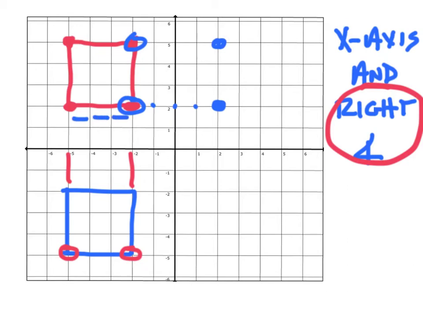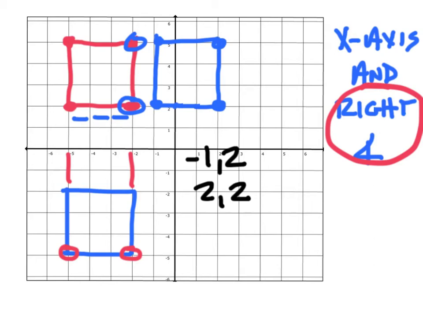So if you just go back 3, 1, 2, 3, that'll give you the position of the rest of the box. And then write the coordinates, which should be -1, 2, 2, 2, 2, 5, and -1, 5.